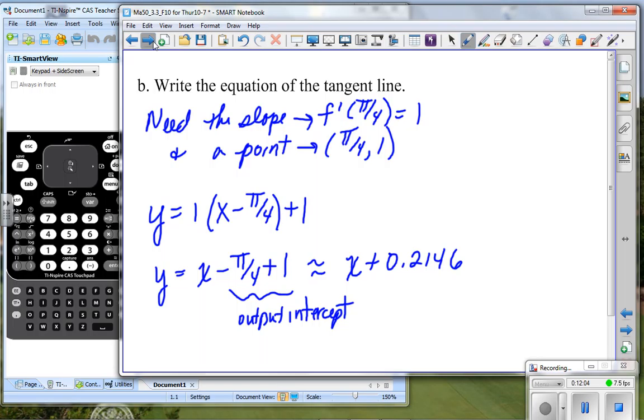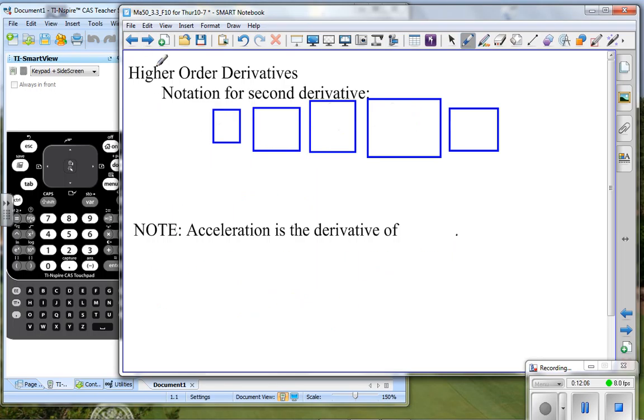Okay, another issue that we need to talk about is this idea of second derivatives. Whereas we have y prime as the first derivative, we have y double prime as the second derivative. Another way of expressing that is f double prime instead of f prime. We can use this notation.